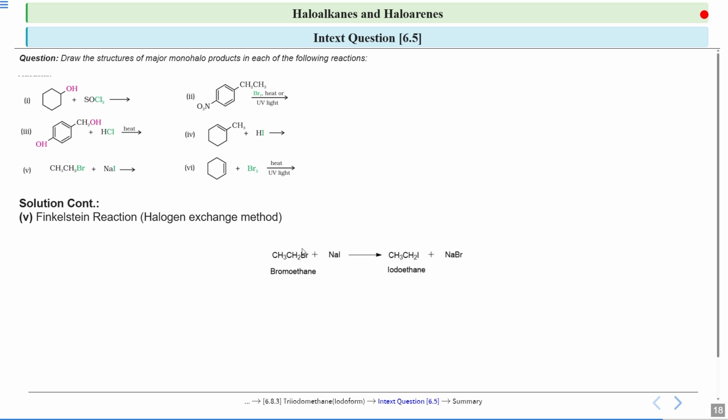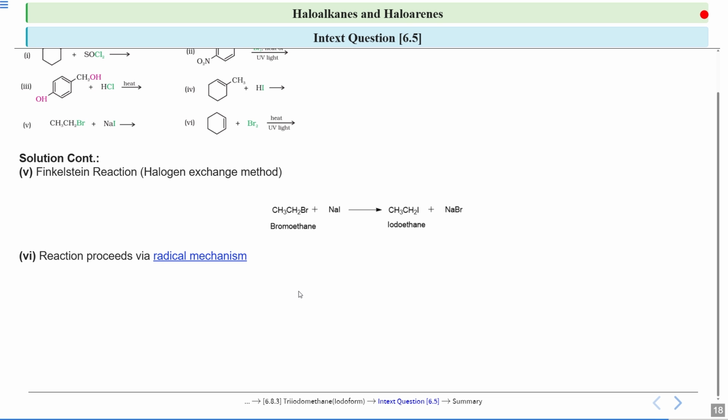So this bromine is replaced by the iodine and you will get sodium bromide as your byproduct. And the major product is iodoethane. So in the fifth reaction, you are getting your major monohalo product as iodoethane.